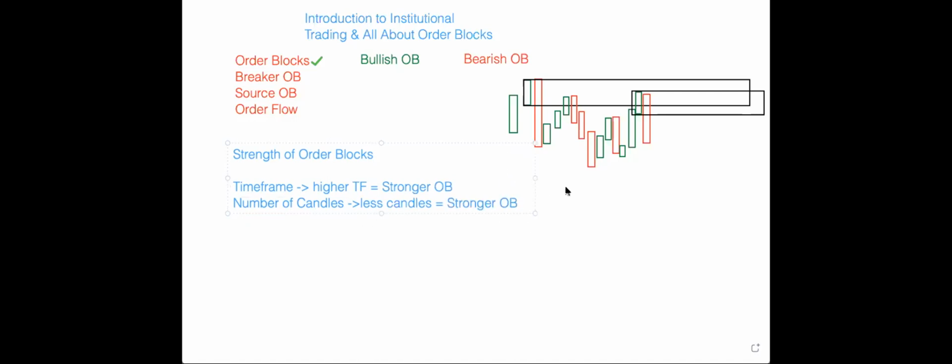Of course, the first one, I don't think it needs any example. It means when we have a bullish order block in the daily or weekly, we can rely on it more than when we see it in the 1 hour, 15 minutes or 5 minutes.